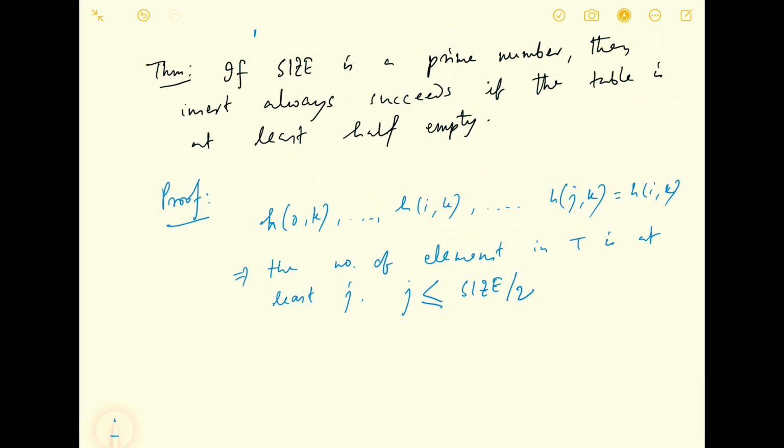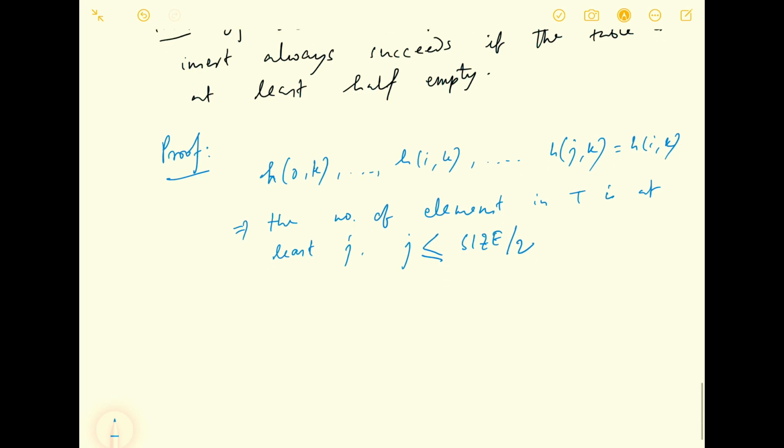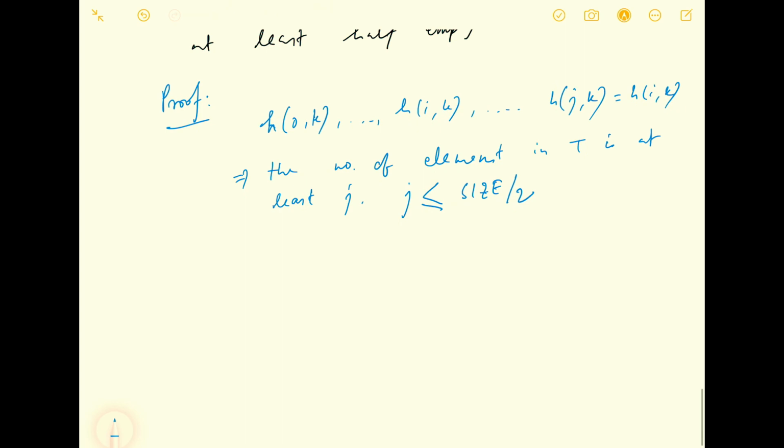We assume that the table is half empty, the number of elements in the table is at most size by 2, so in particular j is at most size by 2.